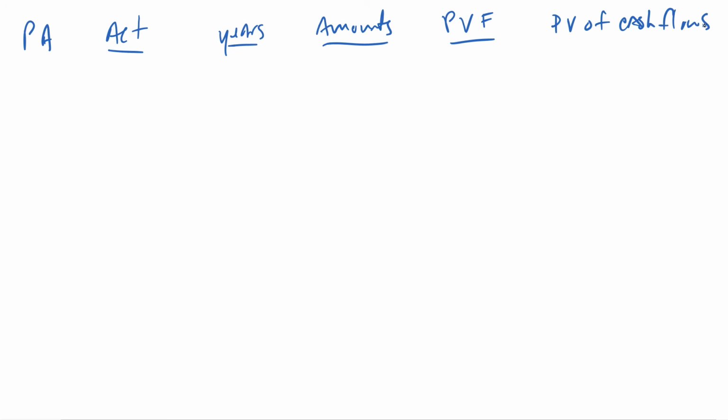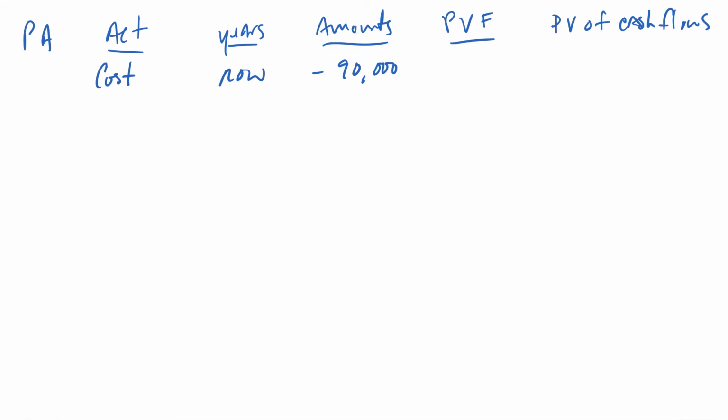So for project A, our first activity is the cost of equipment. When does that happen? That happens now. The amount is $90,000, and I always use the positives and negatives, right? Is it a cash outflow? Is it a cash inflow? So I don't get confused by that.